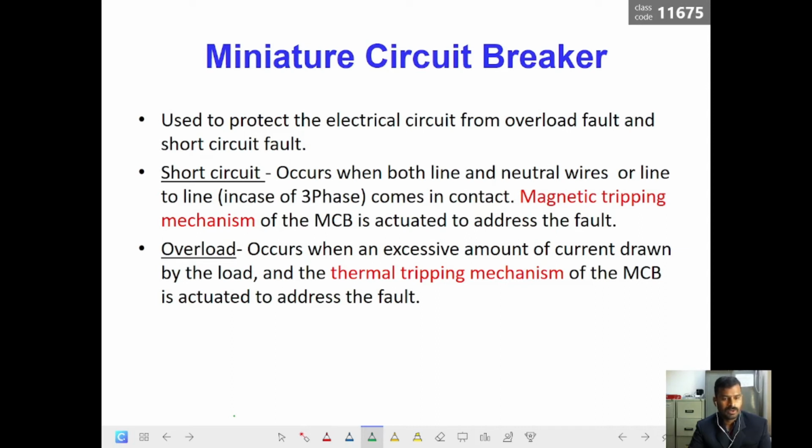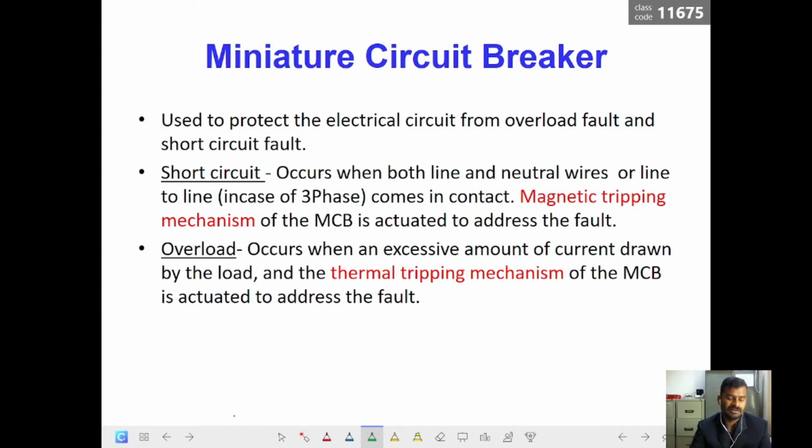And for the overload condition, whenever the load current exceeds the rated current, the thermal mechanism comes in, which is nothing but a bimetallic strip inside the miniature circuit breaker. The temperature of this bimetallic strip would rise. The two different metals have two different thermal coefficients, so it would bend or deform.